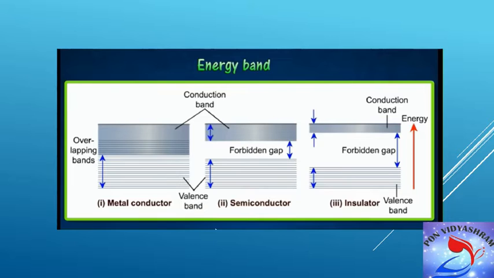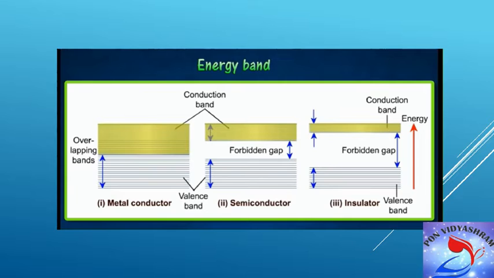I have the energy band diagram for all three: for conductors, for insulators, and for semiconductors. If you see, the lower band is the valence band, at the top we have the conduction band, and in between we have the forbidden gap, that is the energy band gap.